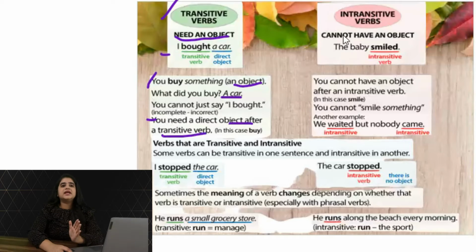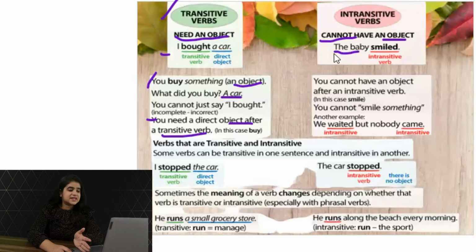Coming on to the intransitive verbs now, these verbs cannot have an object. For example, the baby smiled. Now, if I'm simply telling you the baby smiled, you understand the meaning of the sentence. You will not ask what, how, when, where. You simply understand that, okay, the baby smiled.